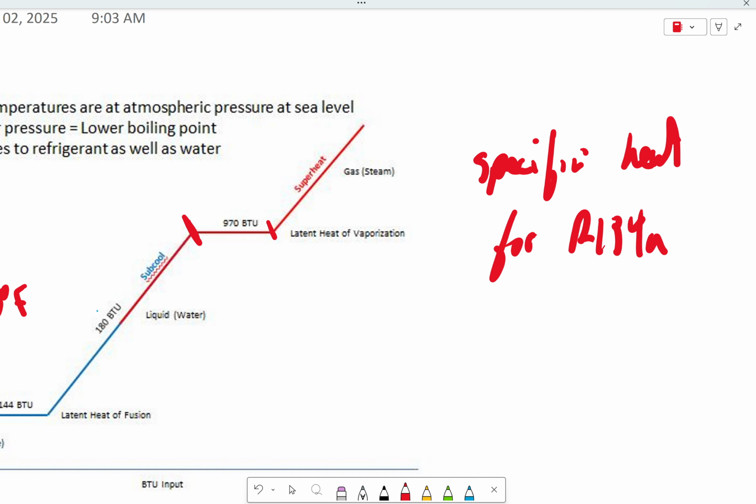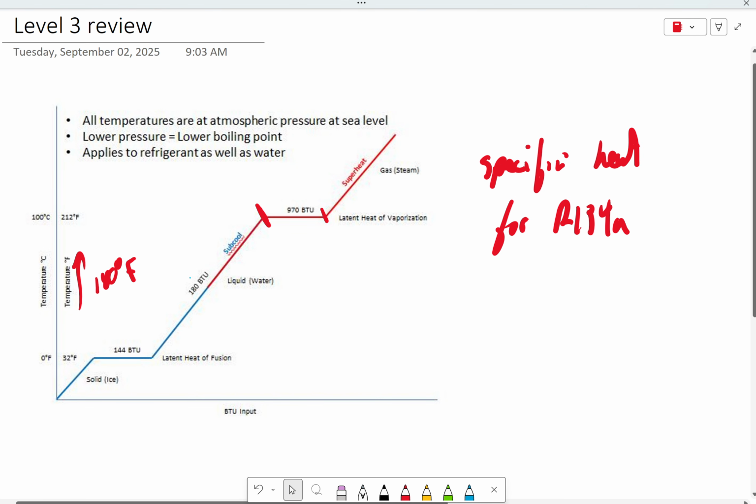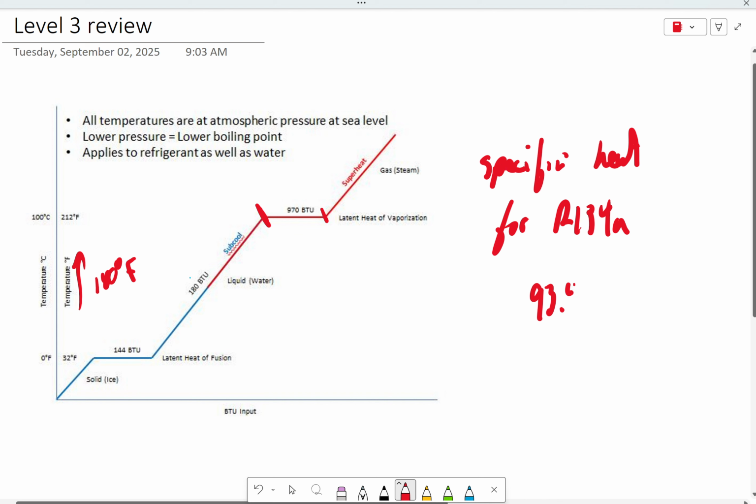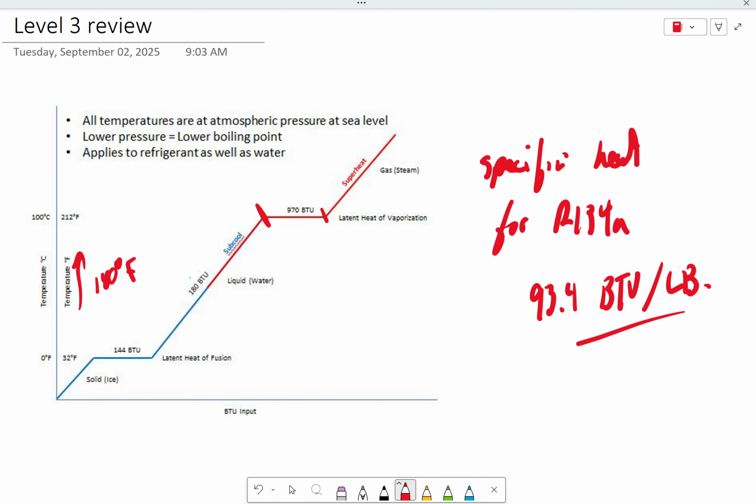Does it give you like a BTU? 93.4 BTUs per pound? Dang. That's quite a difference from water. And yet it still does the job pretty good for us, doesn't it?